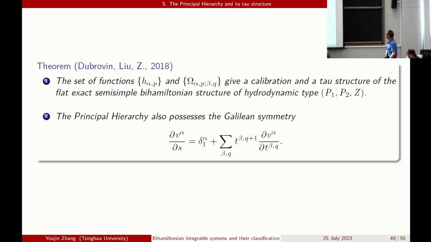Then this theorem says that starting from any flat exact bihamiltonian structure of hydrodynamic type, if we assume semi-simplicity and also irreducibility, then we can give a calibration of this bihamiltonian structure, and this gives us a bihamiltonian integrable hierarchy of hydrodynamic type, which possesses tau functions, and also possesses Galilean symmetries and Virasoro symmetry.